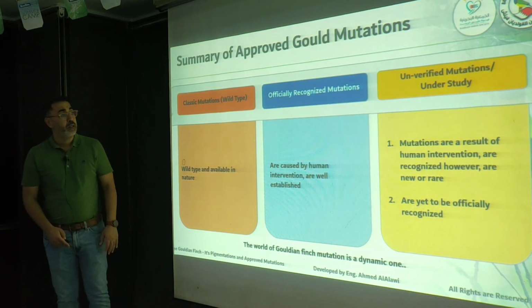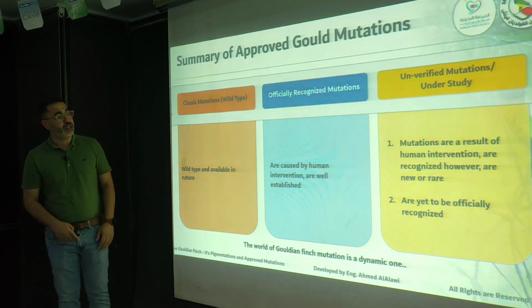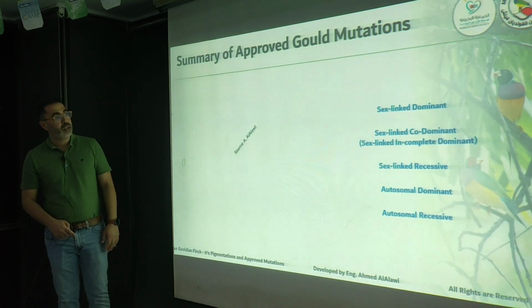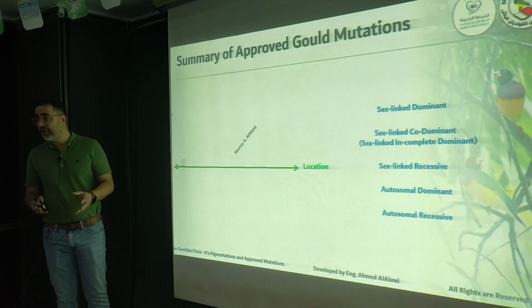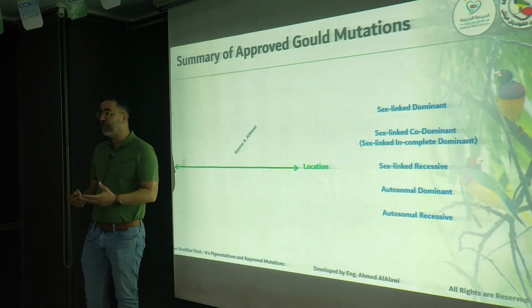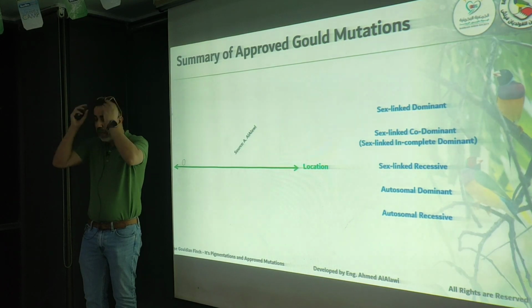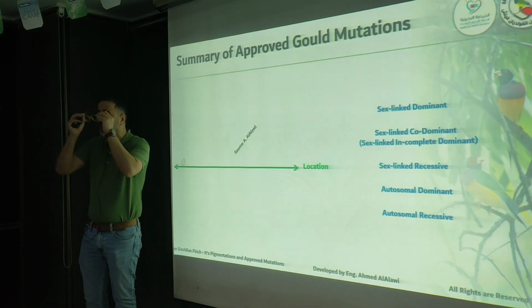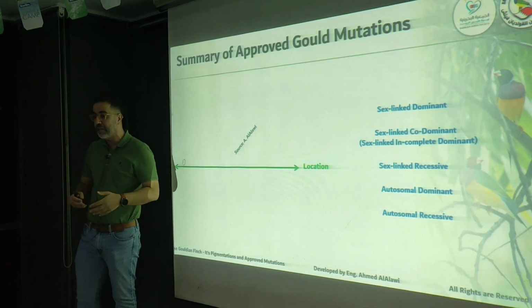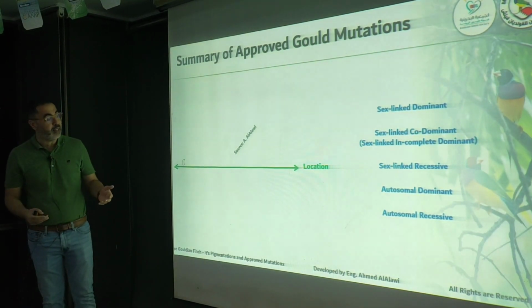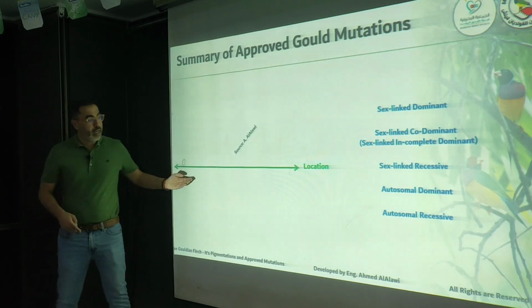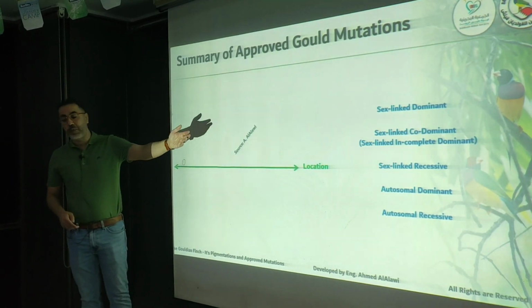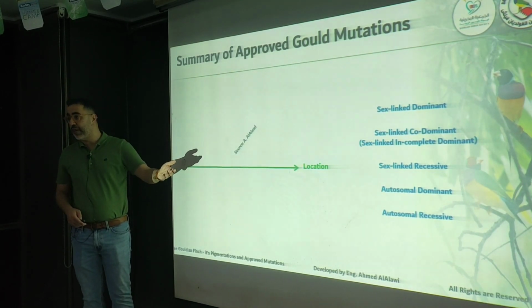So these are the 3 categories of mutations that we have, and we start with the formula that I created for understanding the mutations. Like we were studying x-axes and y-axes in mathematics, science and economics, I call the x-axis, when it comes to these mutations, the location of the gene.